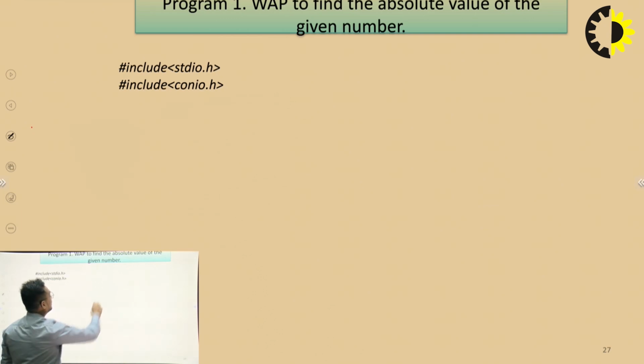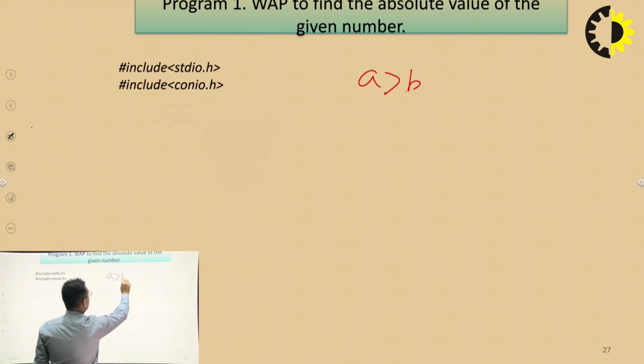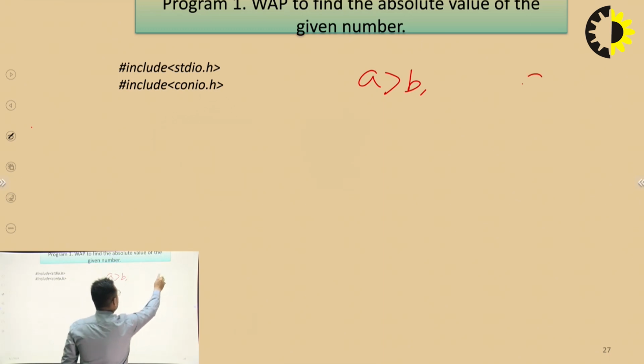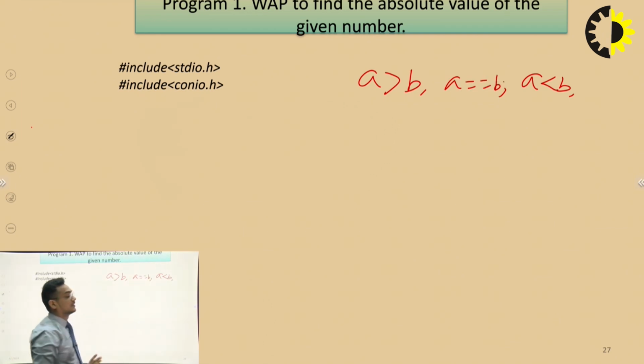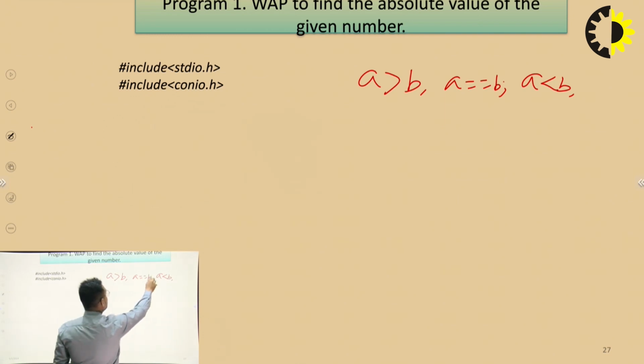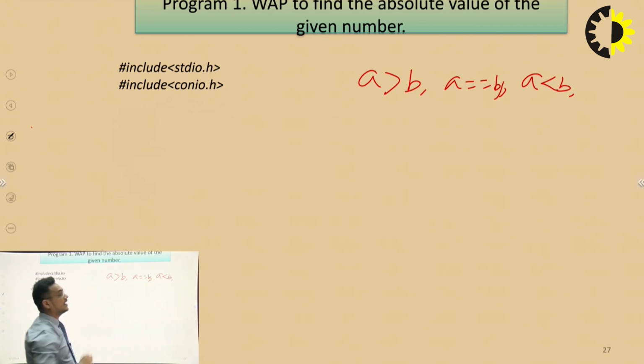Simple example: write a program to print A is greater than B, A is less than B, or A equal to B. Here you use else if because three things are mentioned: A greater than B, A equal to B, A less than B.